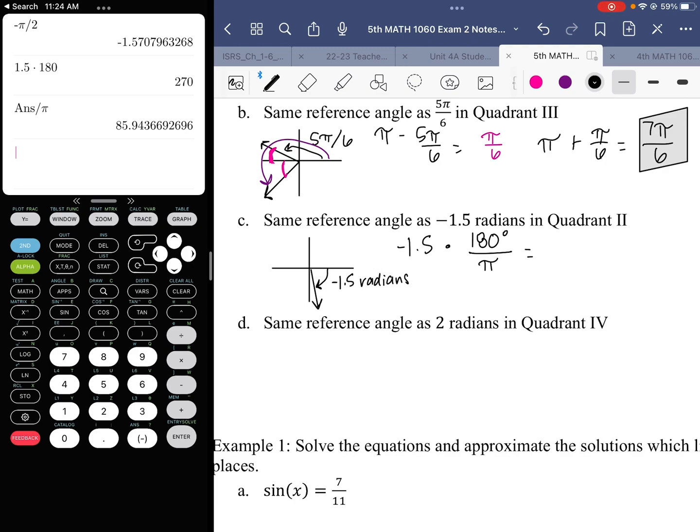Okay, that's what we already know. Now it wants that same reference angle, but in quadrant 2. So remember the reference angle is always the angle between the terminal side of the angle and the x-axis. So I want this same angle, but I want it over here. Okay, so then this would be this angle, and it's going to be pretty close.